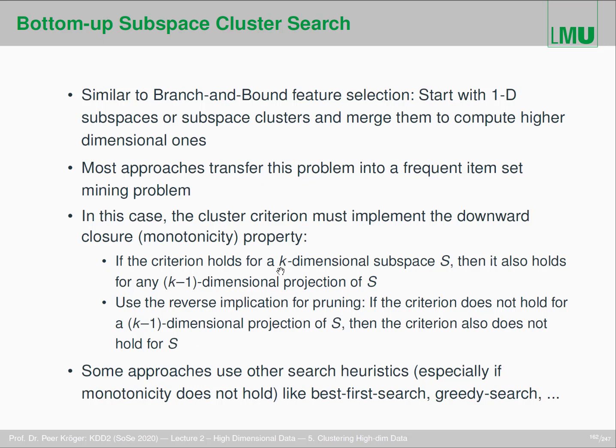And of course, the Apriori algorithms use the reverse implication for pruning. So if the criterion does not hold for a given (k-1)-dimensional projection of S, then the criterion also does not hold for S. So if we have some projection where the clustering criterion does not hold, any superspace of this projection, adding additional features to it, does not yield any subspace where the criterion holds.